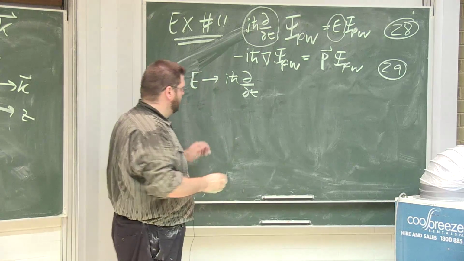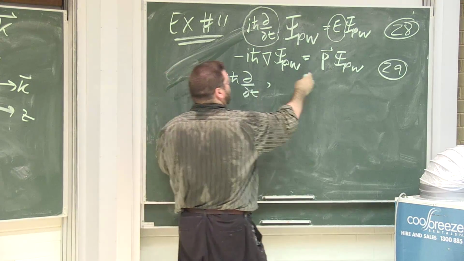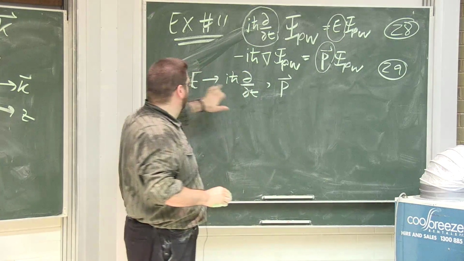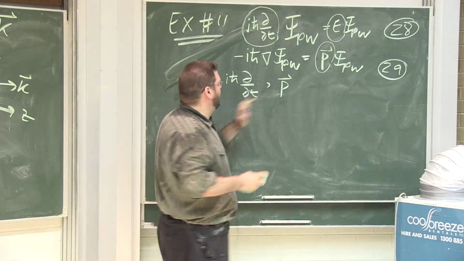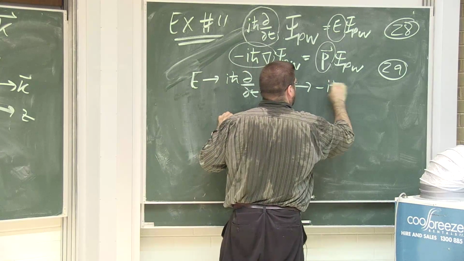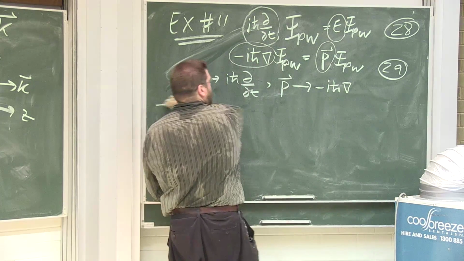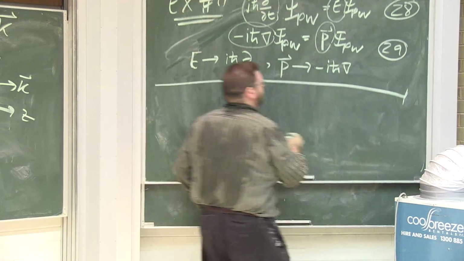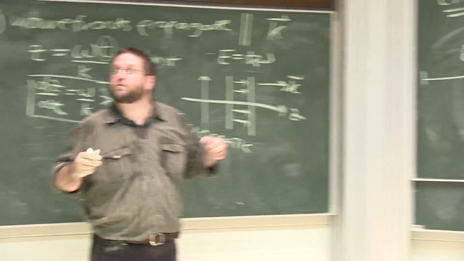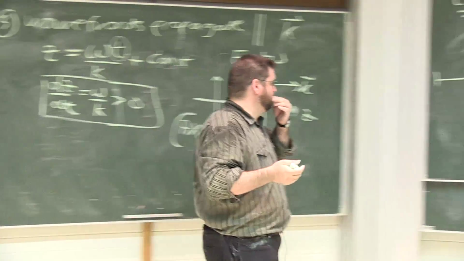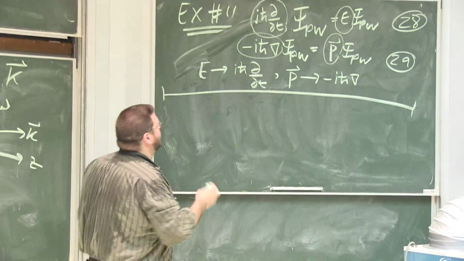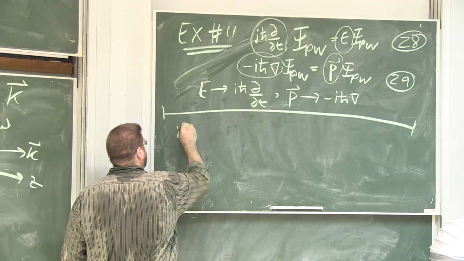This is the first of two Schrodinger correspondence rules, and also that p in classical mechanics becomes an operator in quantum. So these Schrodinger correspondence rules were used to motivate, to derive in inverted commas, the Schrodinger equation. But I want to prove equations 28 and 29. So let's begin with equation 28.